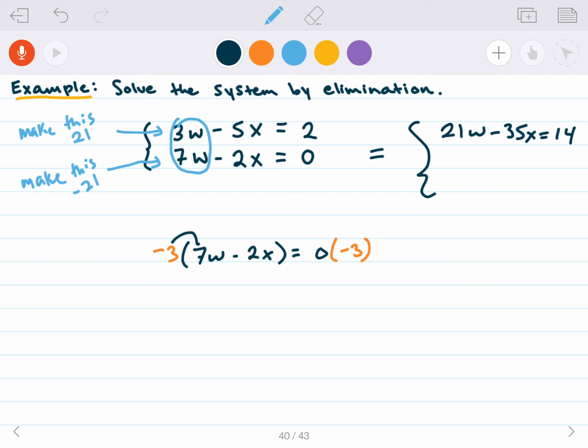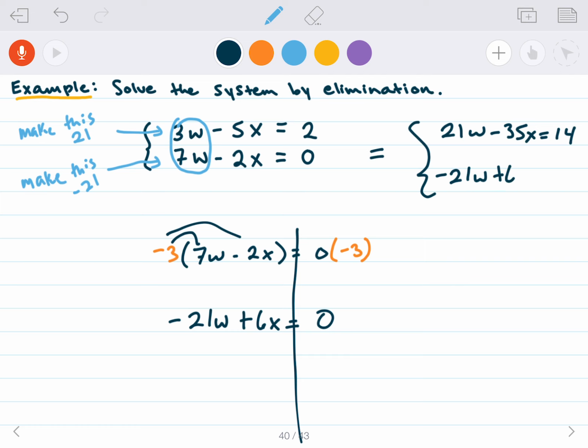So when I distribute on the left, negative 3 times 7w is a negative 21w, which I wanted. A negative 3 times a negative 2x is a positive 6x. And on the right, 0 times anything is 0. So this is my second equation, and I'm in good shape here.